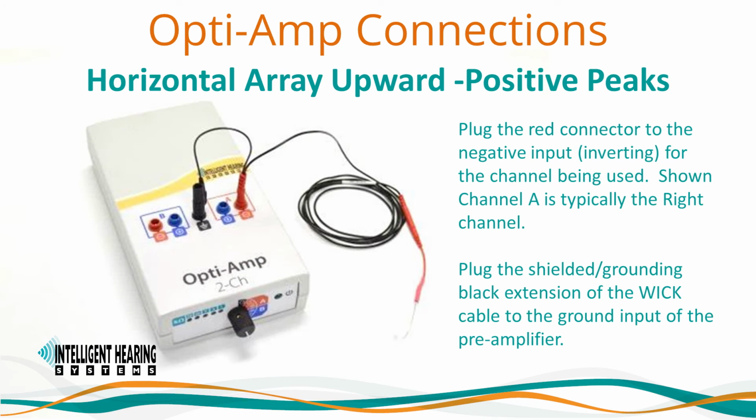For positive upward peaks, the red portion of the Wick cable is connected to the negative input of the channel you are acquiring from. Typically, channel A represents the right ear. Thus, a TM-Wick cable coming from the right ear would be connected to channel A negative, the red input. The shielded grounding black extension of the Wick cable is then connected to the ground input of the preamplifier.